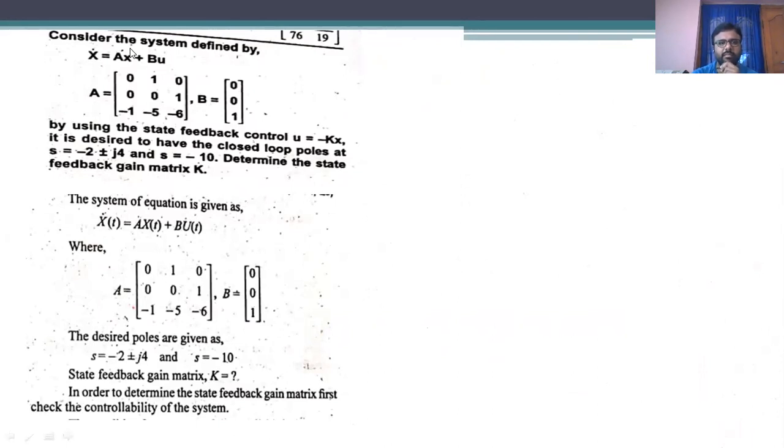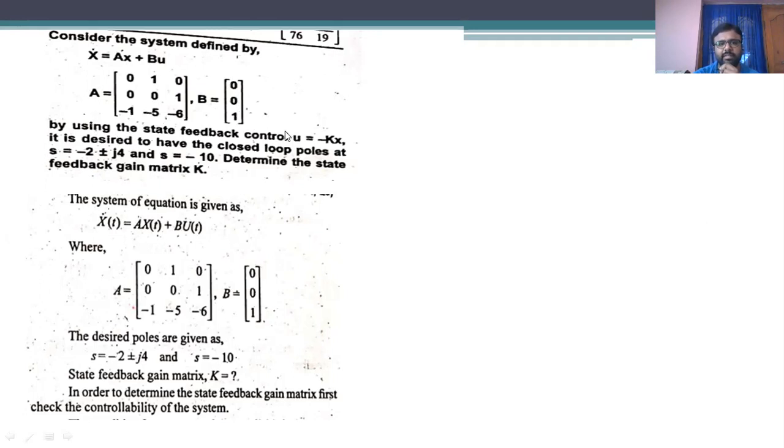Now coming to the statement of the problem: consider the system defined by x dot equal to Ax plus Bu, where A is 0, 1, 0, 0, 0, 1, minus 1, minus 5, minus 6, and B is 0, 0, 1.